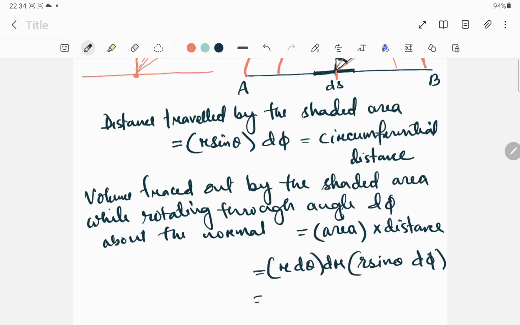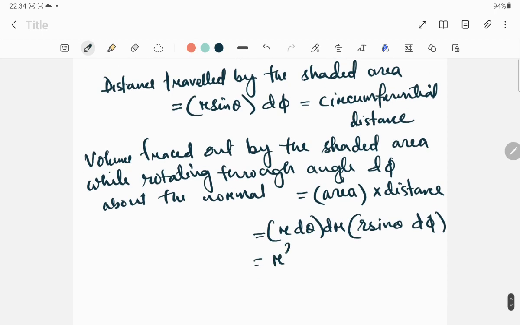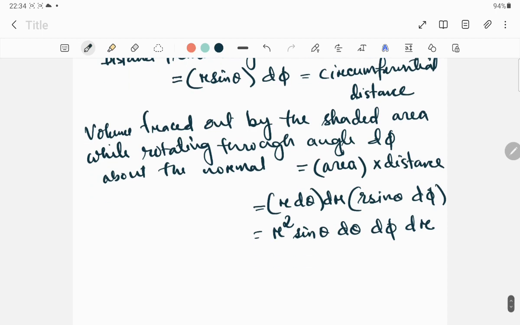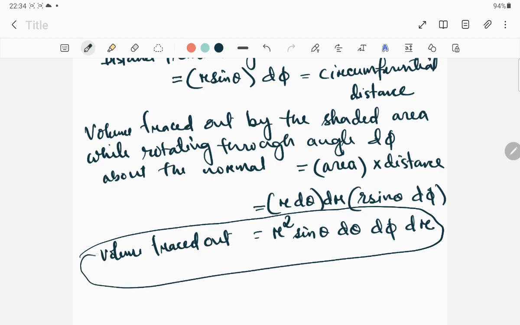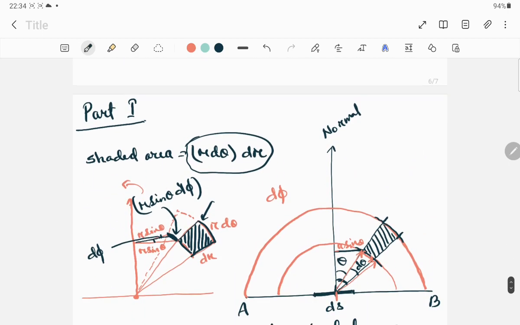So finally we can write it as r square sine theta d theta d phi dr. So this is the volume traced out by the shaded area.